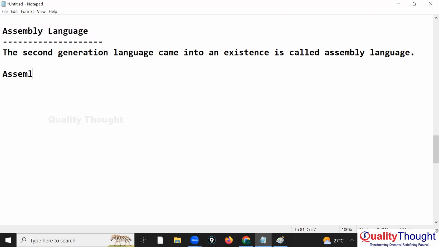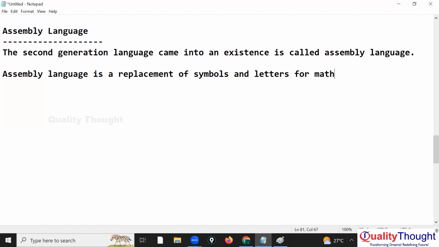And assembly language is a replacement of symbols and letters for mathematical programming code, that is opcode values. Sir, I didn't understand, sir. Okay, wait.